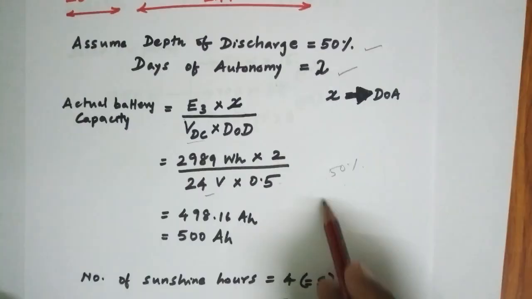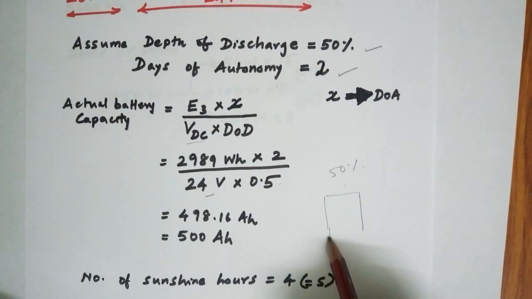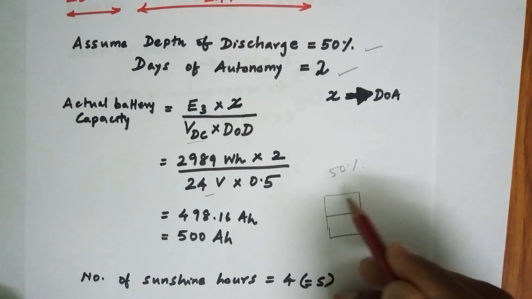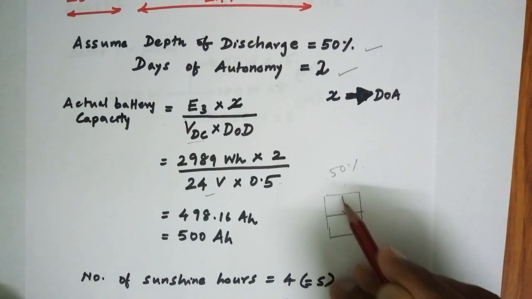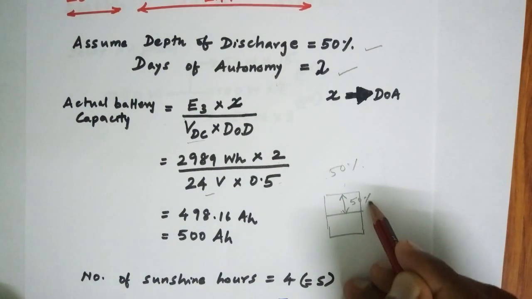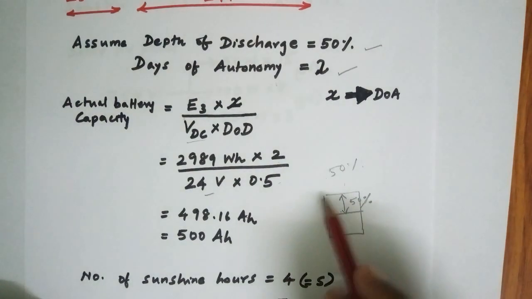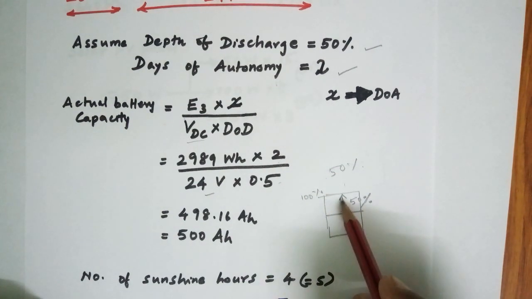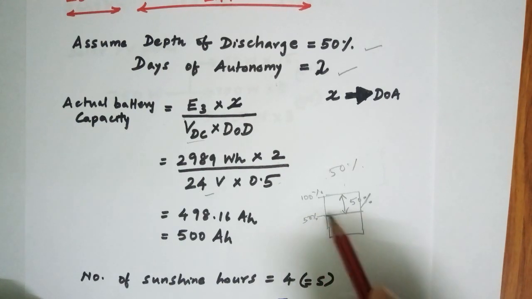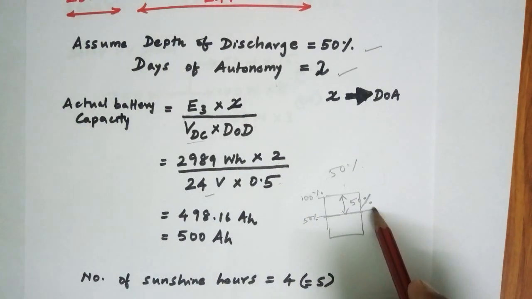50% depth of discharge means the load can use the charge from the battery till 50% charge has been used. So if you are having 100% charge, your battery will be discharging till it comes to 50%. After this you have to once again charge the battery.